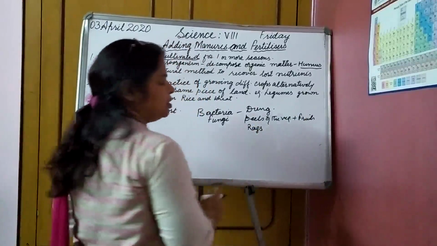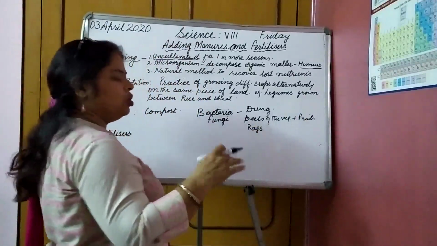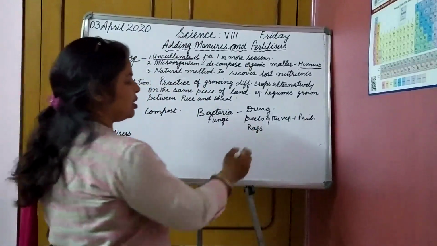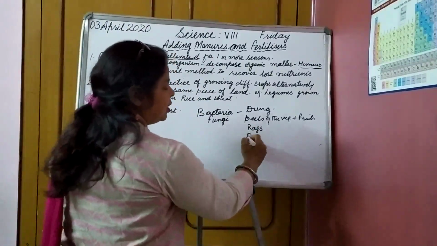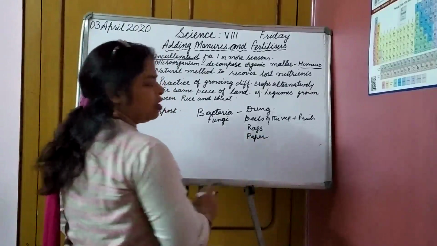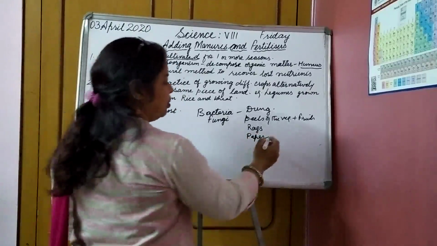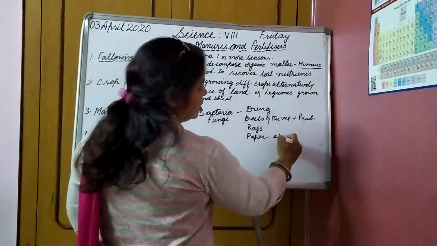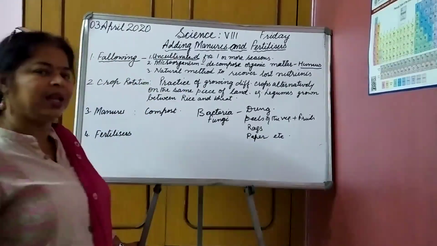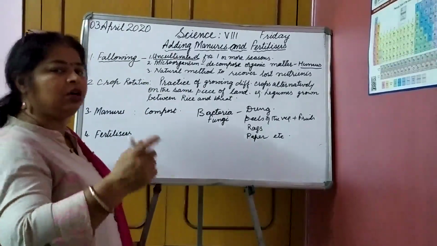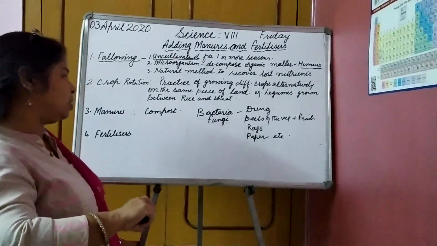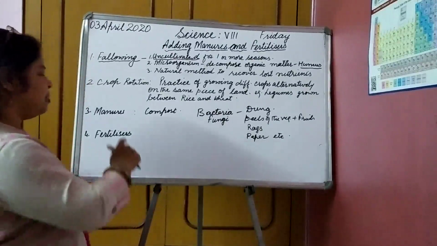What do you mean by rags? The old clothes that are torn in pieces are called rags. Or paper, whatever is organic matter, paper, etc. These things are collected and they get converted into compost or manure.